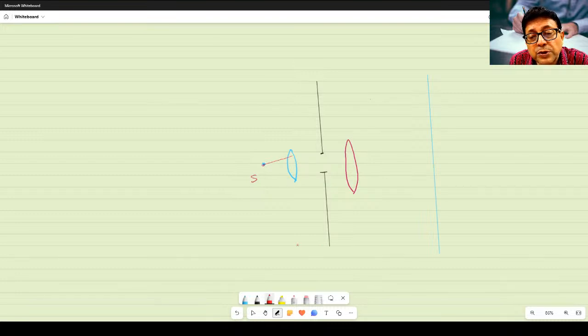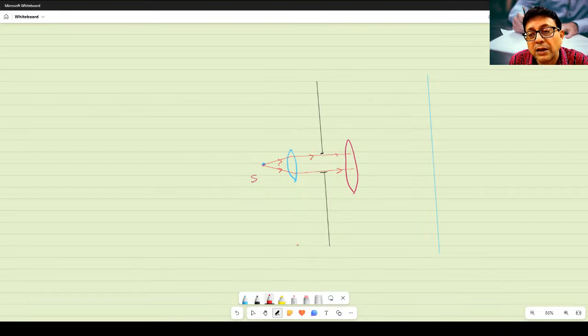It is situated at focus. So the light ray becomes parallel after passing through the slit.